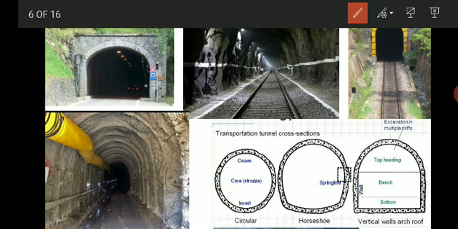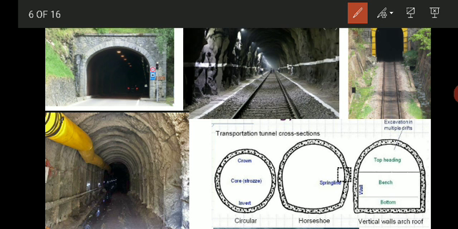So if you talk geologically, there are two types of tunnels: tunnels constructed in hard rock, or driven through the rocks, that is a rock tunnel. And one more type is tunnel driven through the soil or loose sediments, which is called soft ground tunneling.